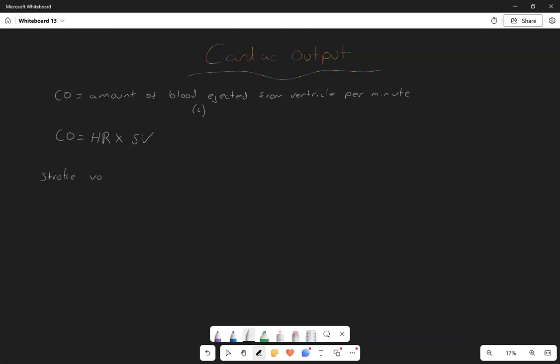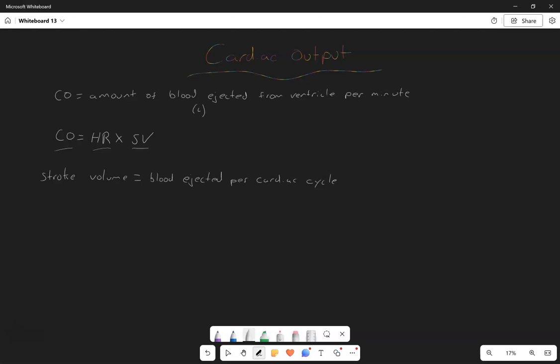Okay, so stroke volume is equal to the amount of blood ejected from a ventricle per cardiac cycle or per one heartbeat, right? And then, so we take the amount of blood ejected during a single heartbeat, multiply that number of beats per minute, and that will give us the amount of blood ejected per minute, which is our cardiac output, okay?